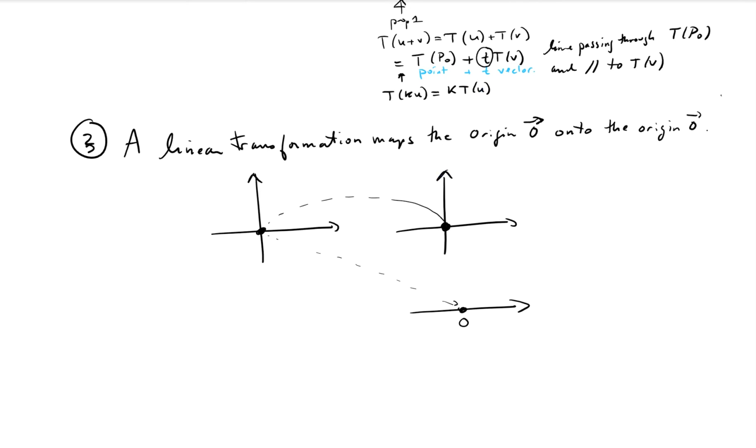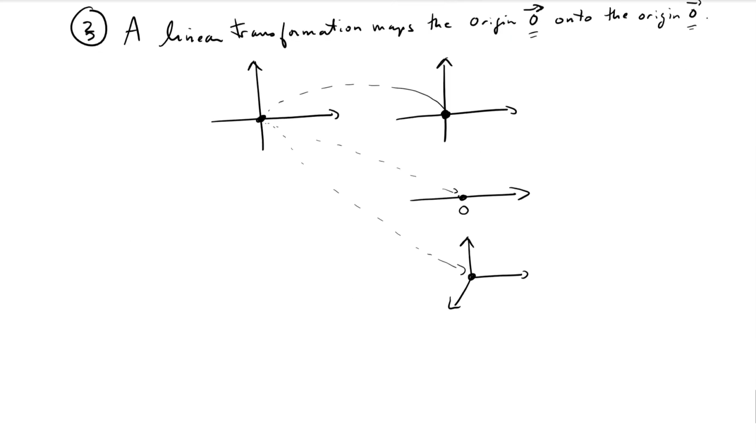If we're mapping from R2 to R3, we're mapping this origin onto this origin. These two origins are not necessarily the same, but one origin is mapped onto the other origin.